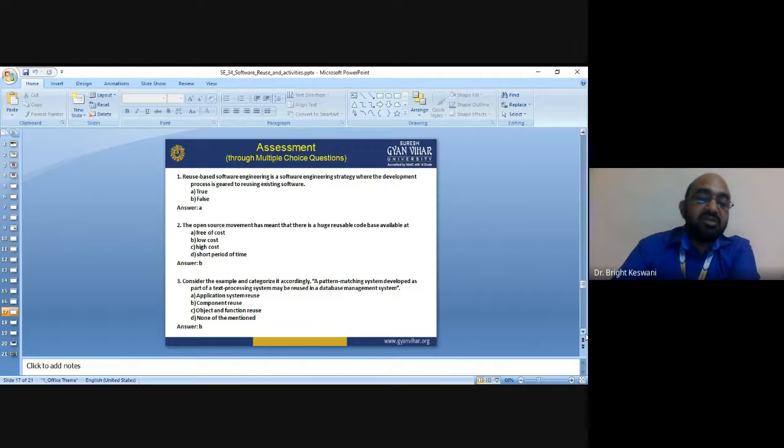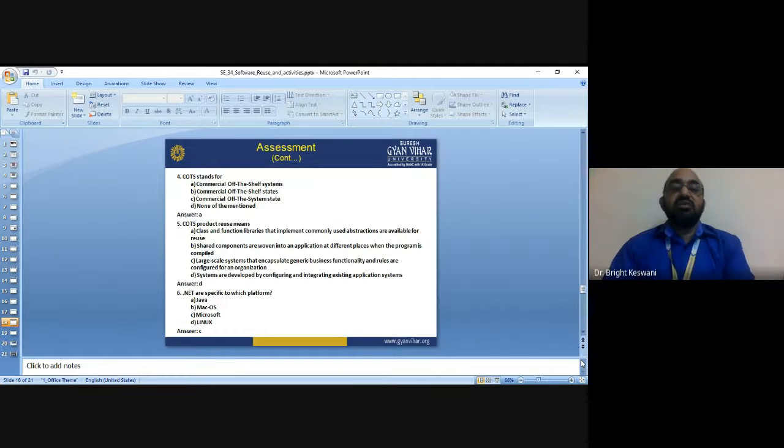The right answer is B, component reuse. Let us discuss the next question. COTS stands for commercial off-the-shelf system, or other options, or none of the mentioned. Answer is commercial off-the-shelf systems.